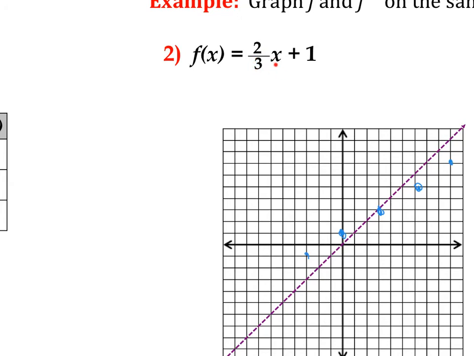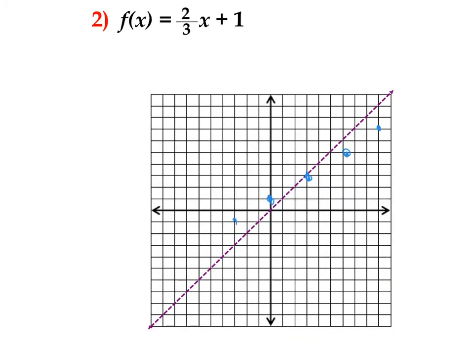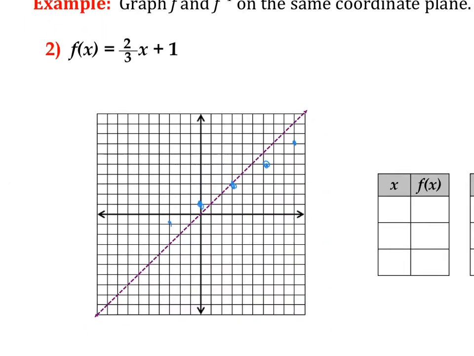So that means the numbers I plug in for x, I want it to be something that can be easily divided by 3. So multiples of 3. I can plug in 0, 3, 6, 9, 12, whatever. But I'm not going to want to plug in like a 2 or a 5, because if I try dividing that by 3, we'll get a weird fraction. Graphing fractions is a total pain.